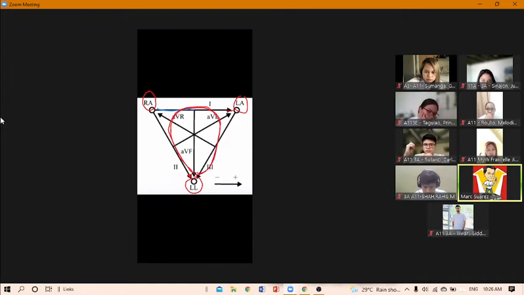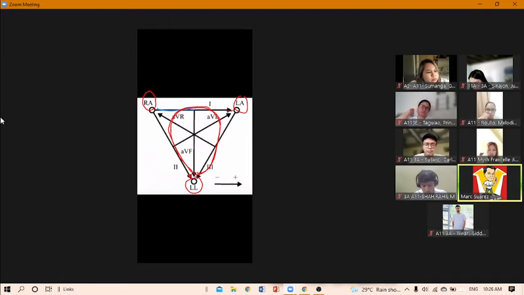For a quick review, since we are discussing first the limb leads, when we discuss limb leads, we are considering the spatial position of the heart in the vertical plane.